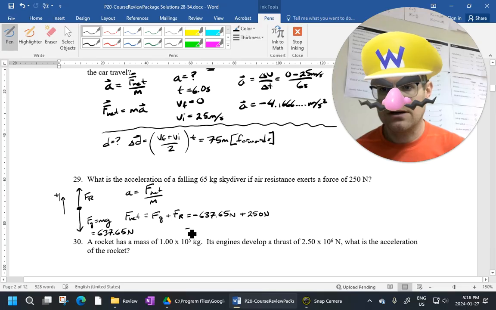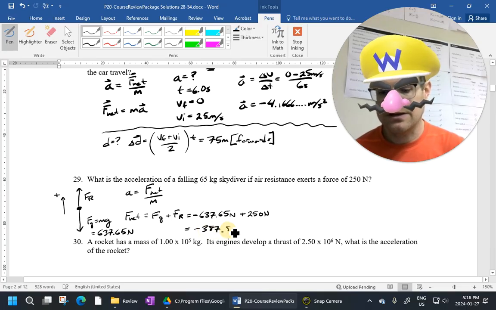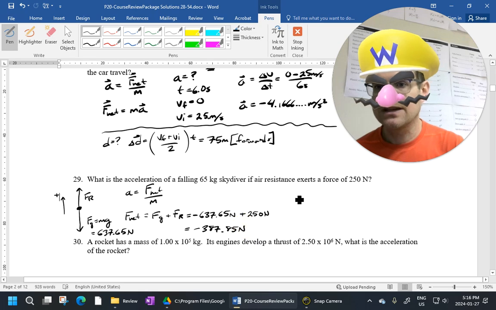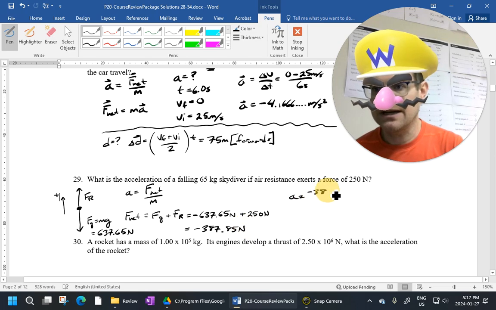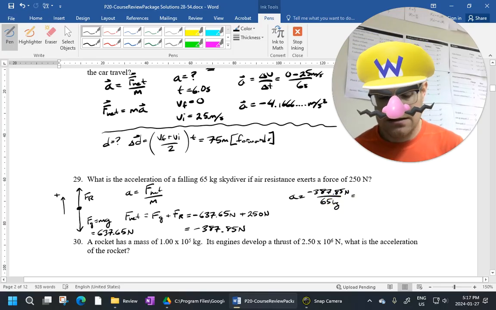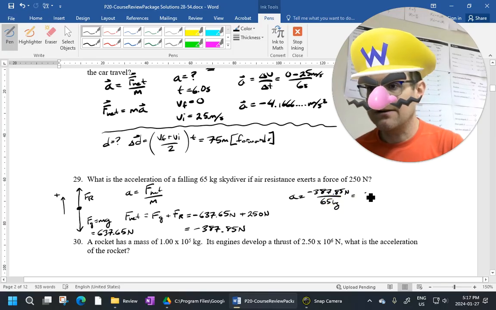So we get an overall net force of negative 387.85 newtons, which if I go back to my formula now, my net force negative 387.85 newtons divided by my mass, I'm going to get divided by 65. I'm going to get 5 point, I'm going to go 2 sig digs right away here.